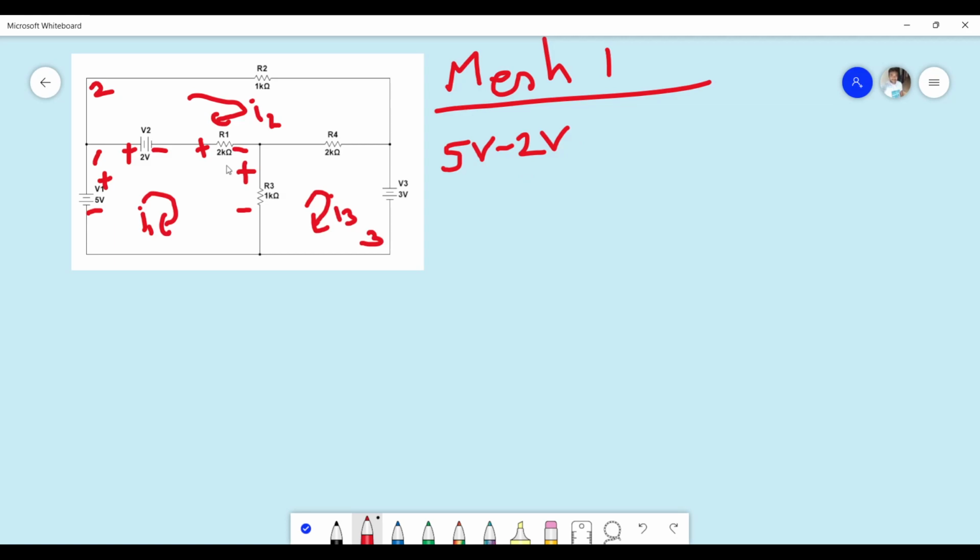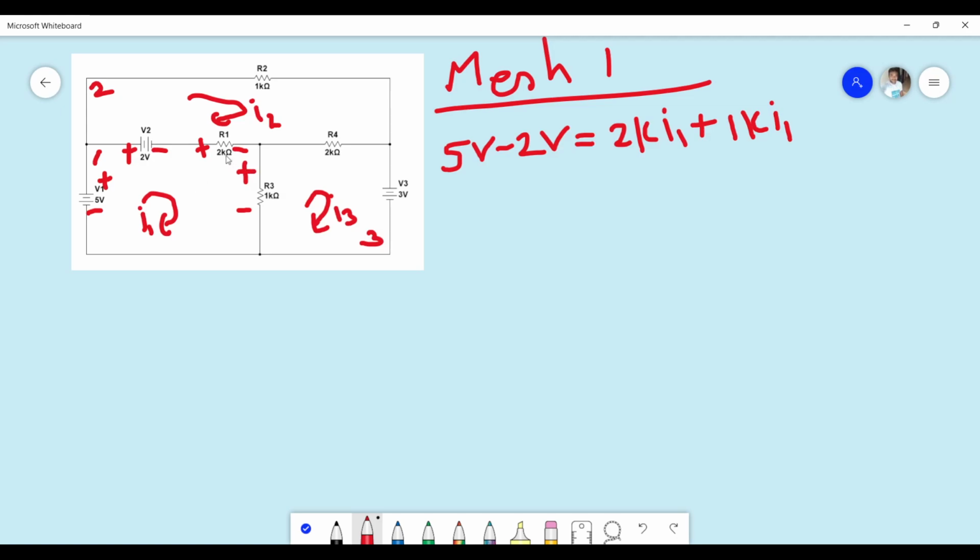There are no more sources, so we can write equal to, and we have two resistors, where each resistor is being shared with another mesh. Let us write the corresponding mesh resistance first. Accordingly, we will have I1 sharing, so we can write 2k I1 plus 1k I1. So no more components are owned by mesh 1.